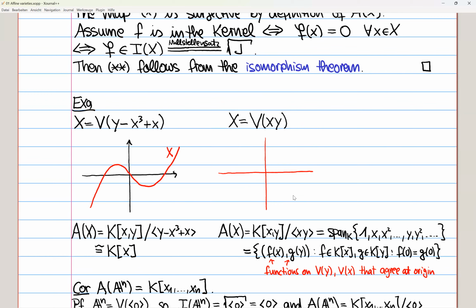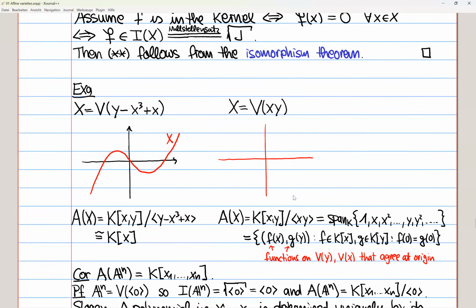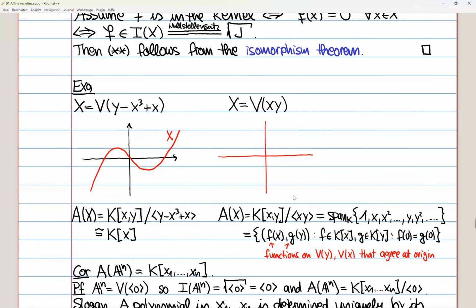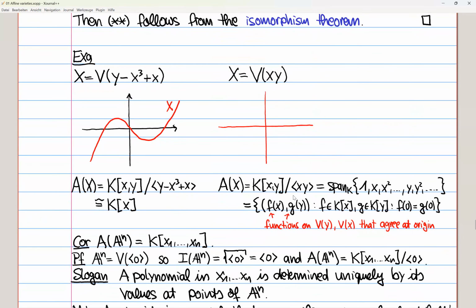Okay, so these were the examples, and as also a nice example of the ring of this proposition, the ring of all polynomial functions on the entire space A^n is just a ring of polynomials. To see this, A^n is the vanishing locus of 0, because 0 vanishes everywhere. You can take the 0 ideal here.